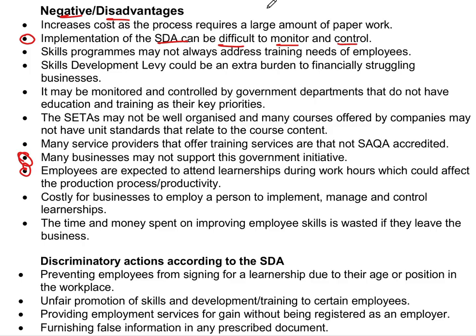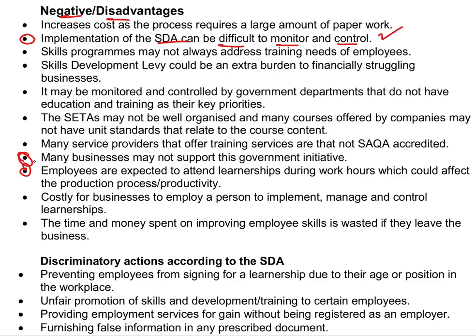So they are simply saying the implementation of SDA can be difficult to monitor and control. When they say monitor, they are saying checking if companies are following the rules. Control, making sure they stick to the plan. So you can take this if you want.